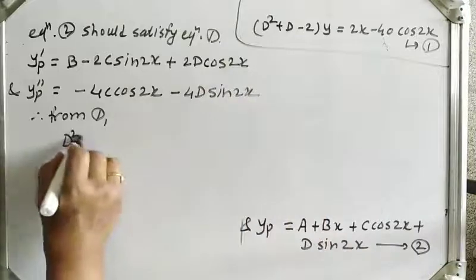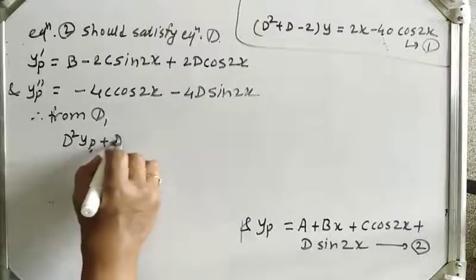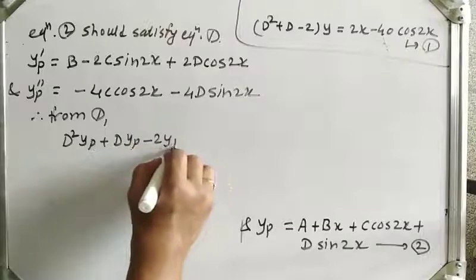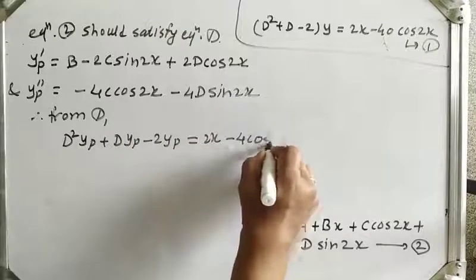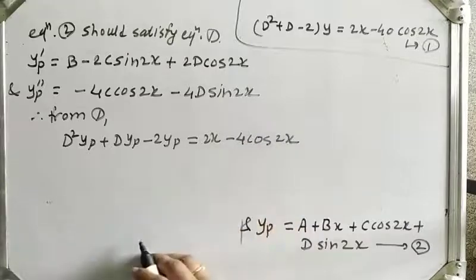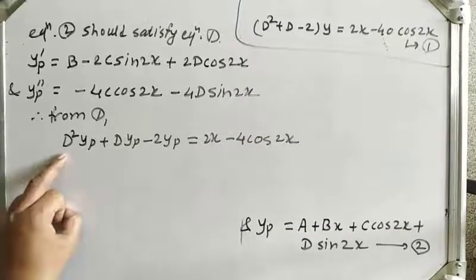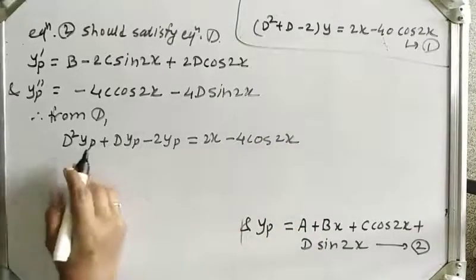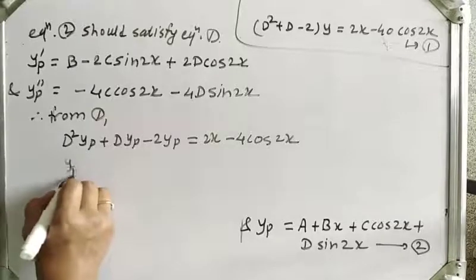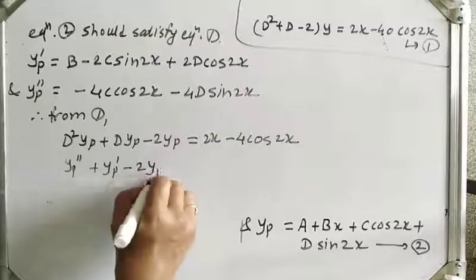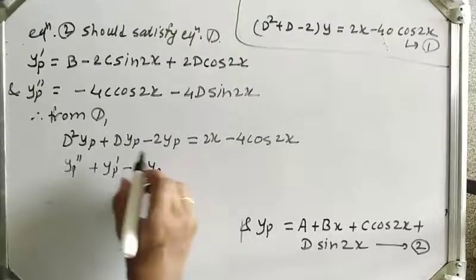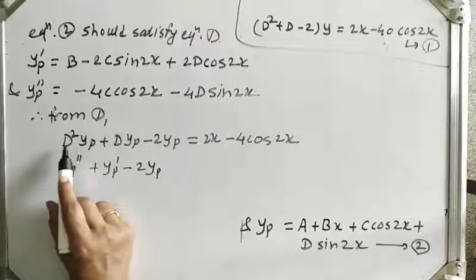Therefore from 1, D square yp plus D yp minus 2yp is equal to 2x minus 4 cos 2x. This notation is the same as yp double dash plus yp dash minus 2yp. D means derivative, D square means double derivative.